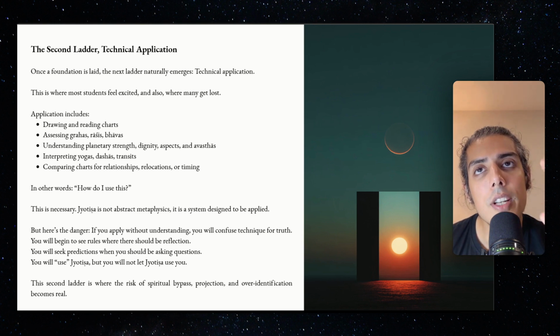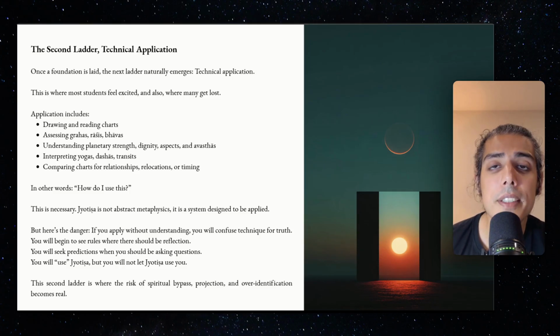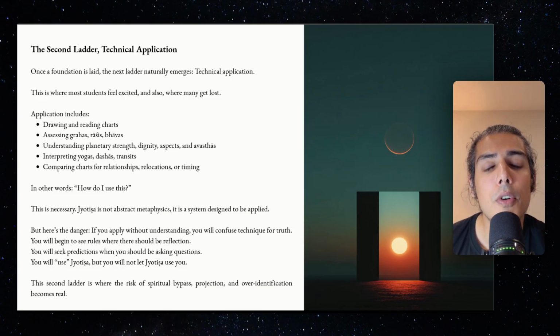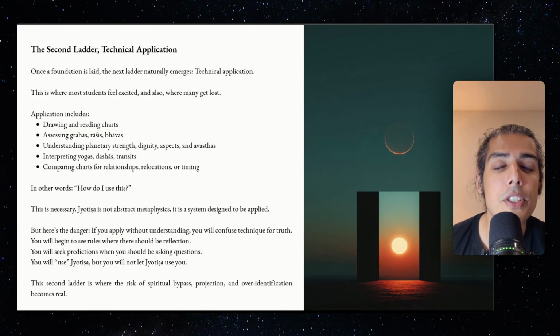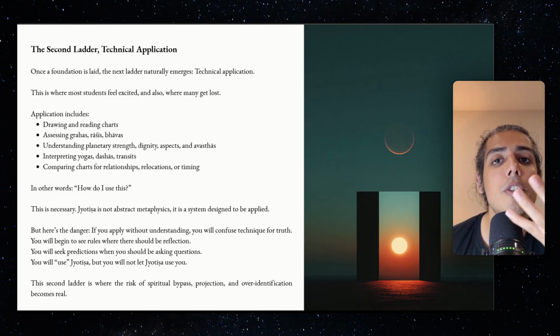Initially, if you're studying just Mars, Jupiter, Venus, all of these grahas, Shukra, Guru, you are having a moment of technical application too, but not too much. And then when you get into technical application, truly all the theory will kick in.